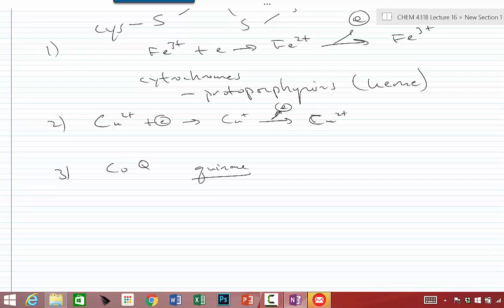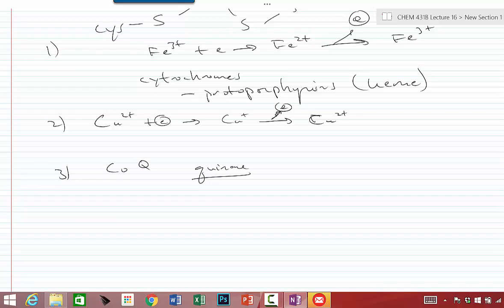So here's what we call oxidized coenzyme Q. And I want to mention a couple of things. We have this thing called the isoprene unit. These isoprene units are always groups of 5 carbons. Let's count them: 1, 2, 3, 4, 5.